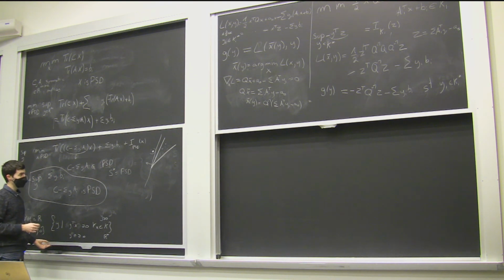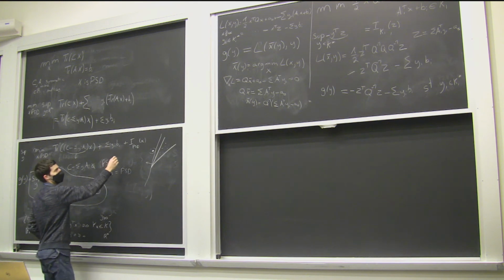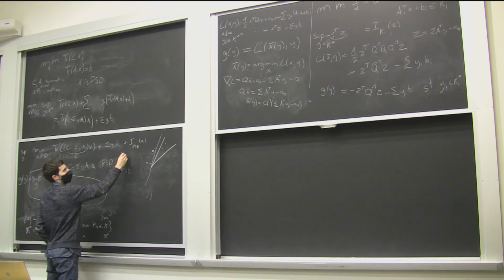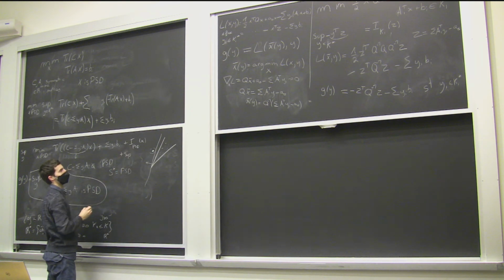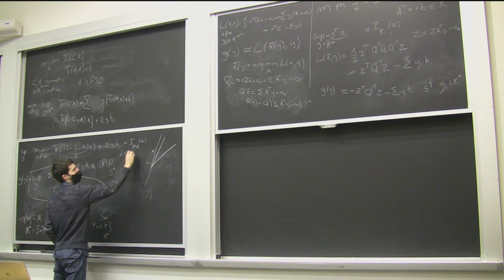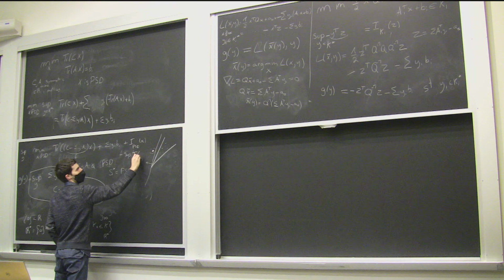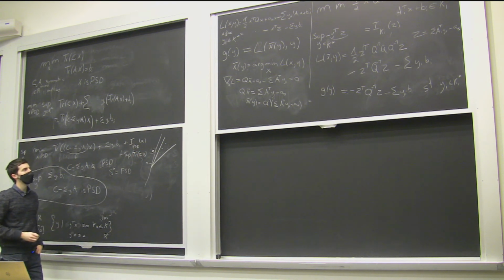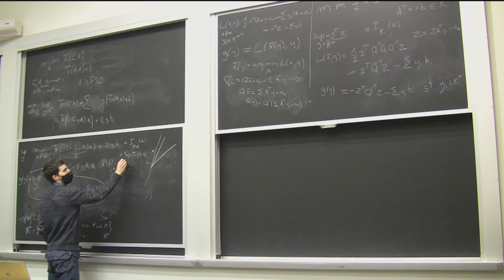here you would have had plus the trace, or minus the supremum of trace of zx, where z is PSD.